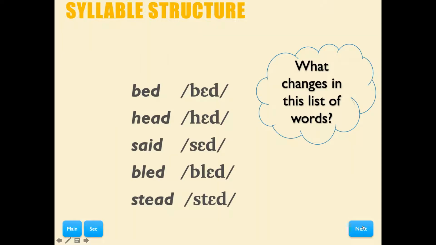Okay, you may have found something like this. We have the word bed, and the following words rhyme with it: head, said, bled, stead. Now, what changes in this list of words?